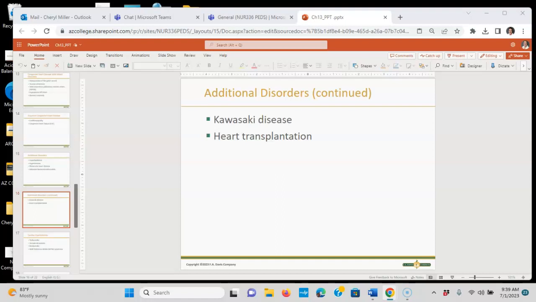So that transposition of the great vessels is on 272. And that transposition of the great vessels you can see in the picture. The two great vessels, the aorta and the pulmonary artery, are reversed. So non-oxygenated blood is flowing to the brain. That causes brain damage.